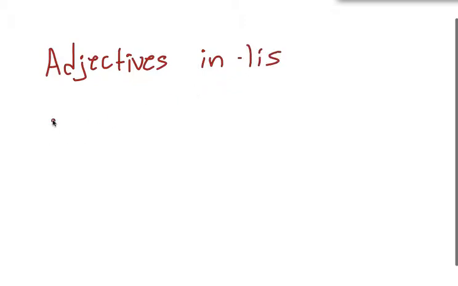Okay, there are 6 adjectives that end in -lis, which form their superlative with the ending -limus.